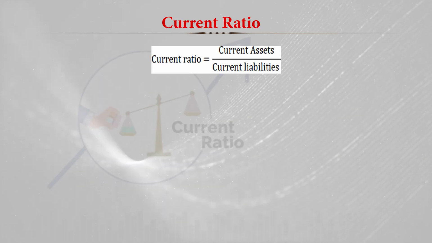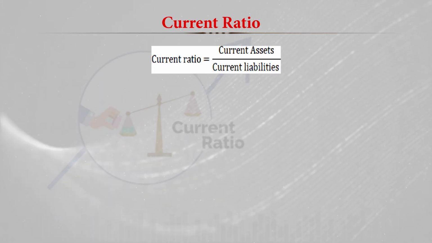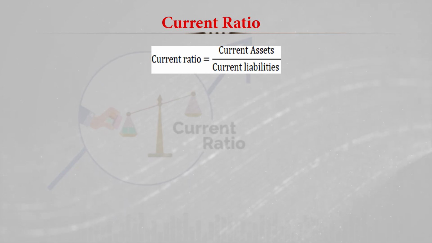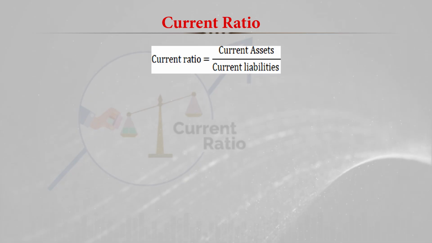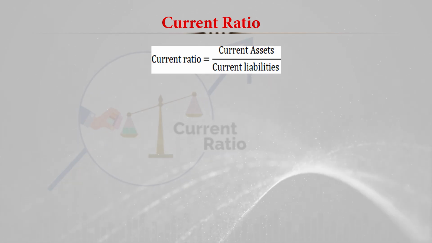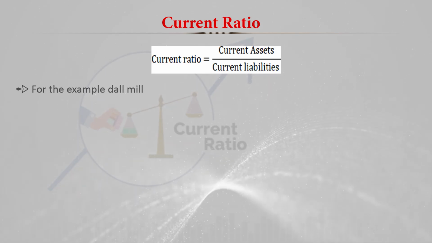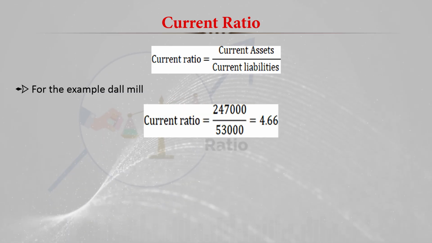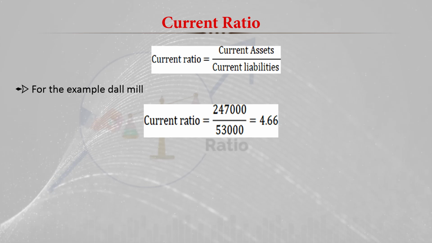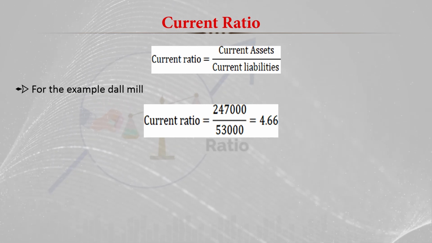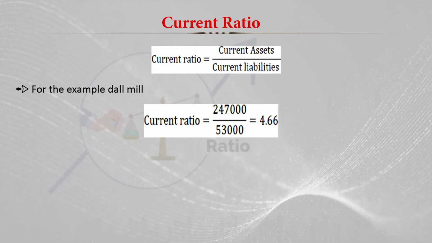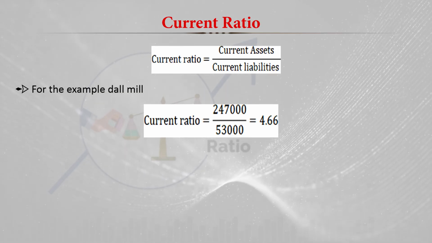The current ratio we calculate by dividing the current assets by the current liabilities. So here we compare two figures: one is the current assets and another is the current liabilities. In the case of our dal mill example, we have current assets of 2,47,000 and the current liability is 53,000. So the current ratio comes to 4.66.